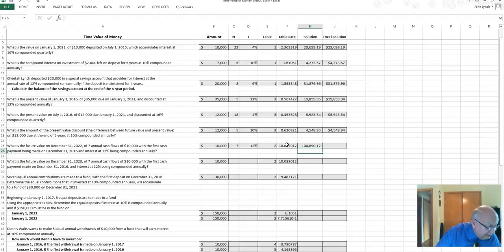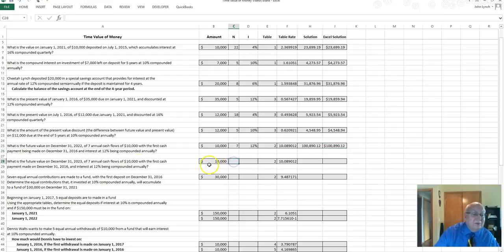It gives you 100,892, and this one is equal to the future value. The rate is 12%. Number of periods is 7. And minus 10,000, because this is an annuity. Okay, so it says what's the future value of annual cash flows? So that's an annuity.